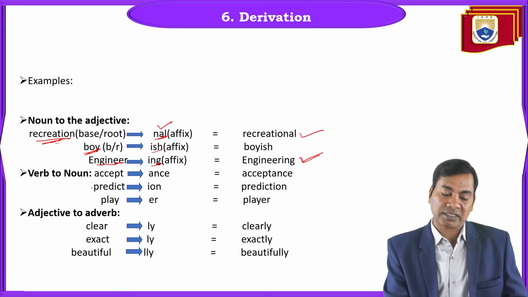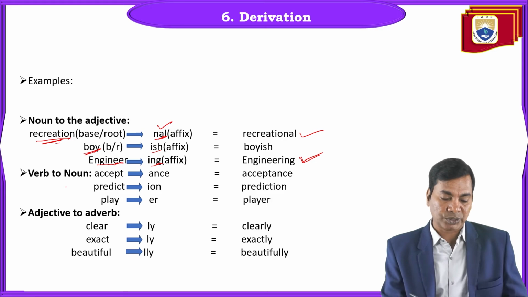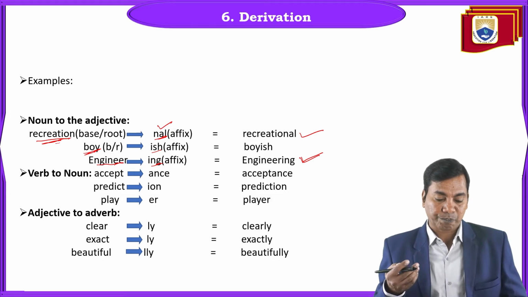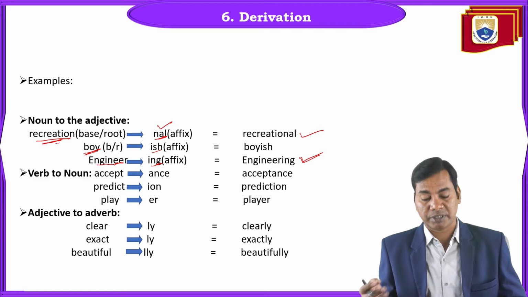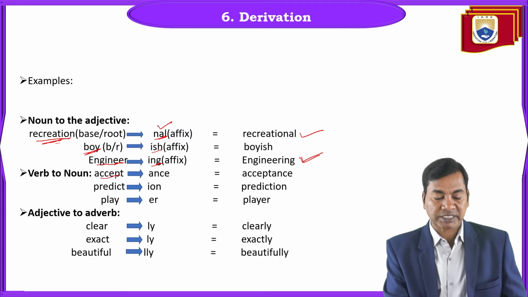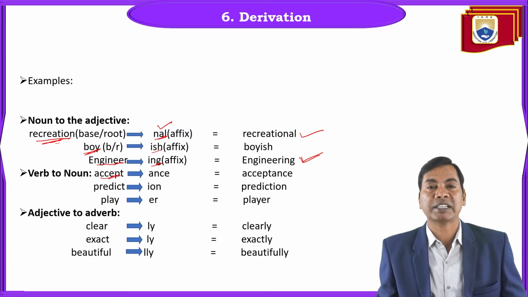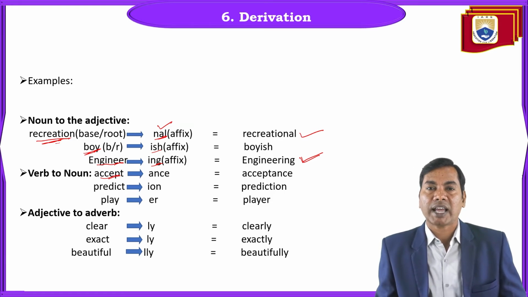Now look at the second example for derivation. The second example shows how to derive nouns from verbs. Accept is a verb. You know the past tense and past participle also, accepted. So accept is a verb, and how are we going to derive a noun from that?